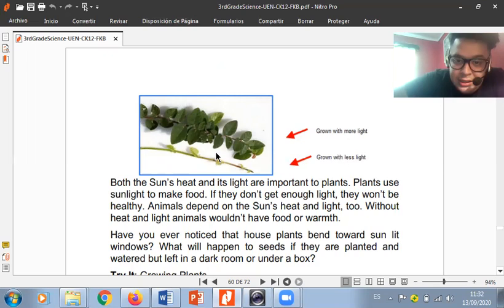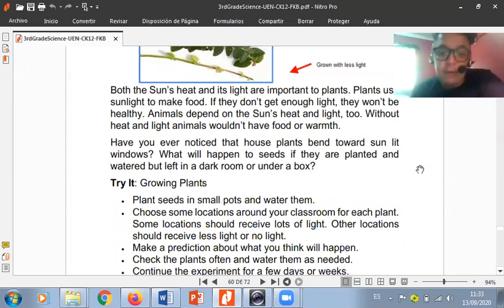When a plant is not in contact with the sun, the plant doesn't grow. For that reason, we can see that these plants grow with light, with the sun, and this one no. For that reason, it is important for the plants to be with the sun.